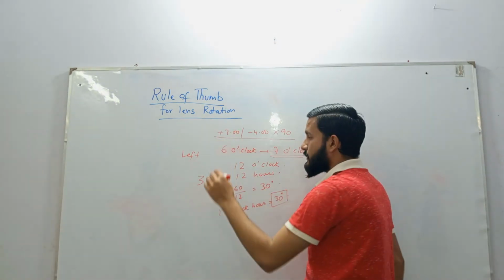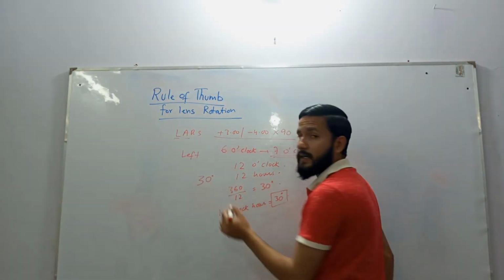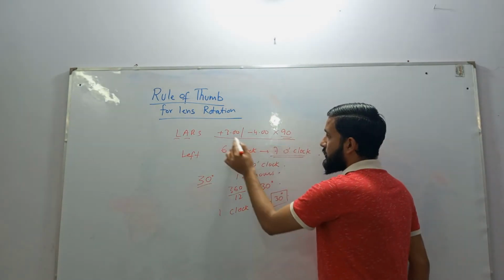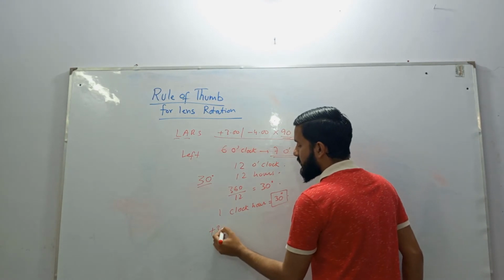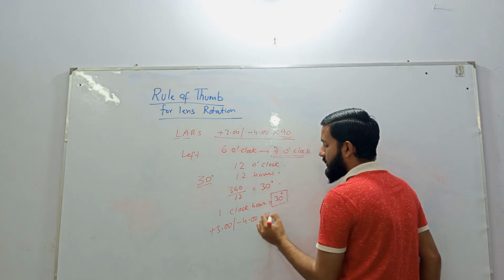Okay. So we have studied the LARS rule. For left we have to add. So here we will add 30 to this axis. So the prescription will become +3 with -4 at 120 axis.